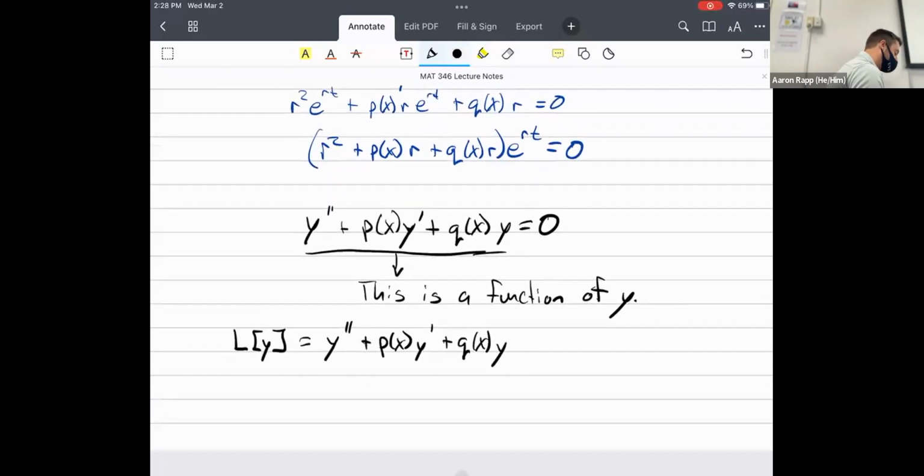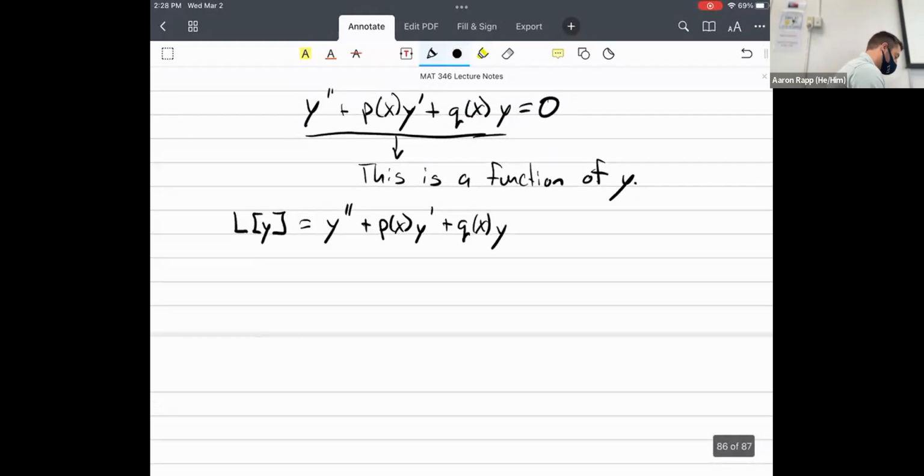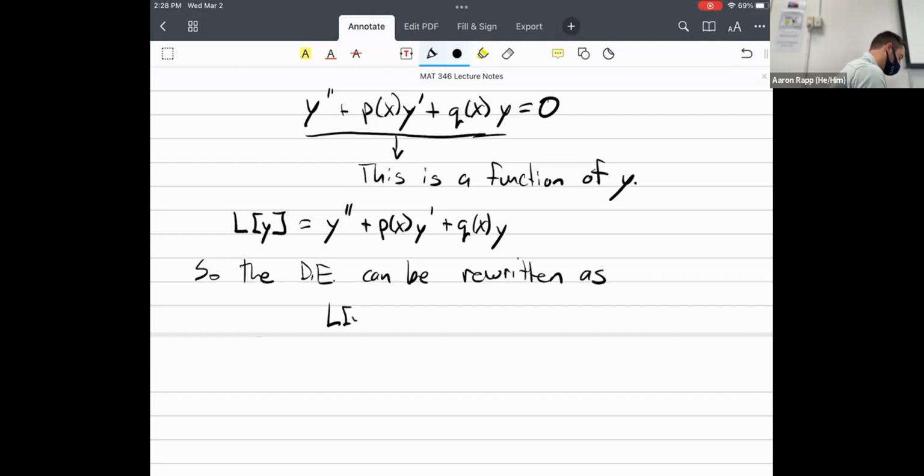So the differential equation can be rewritten as the following. It's a nice little thing: this function has got to be equal to 0.